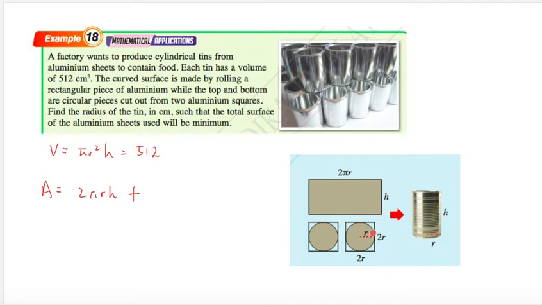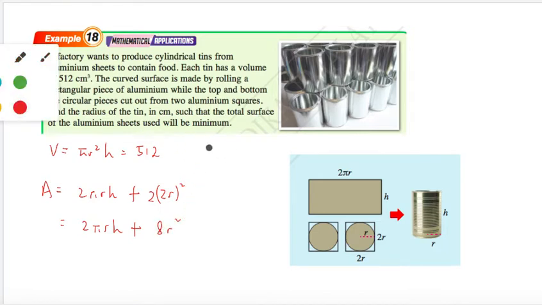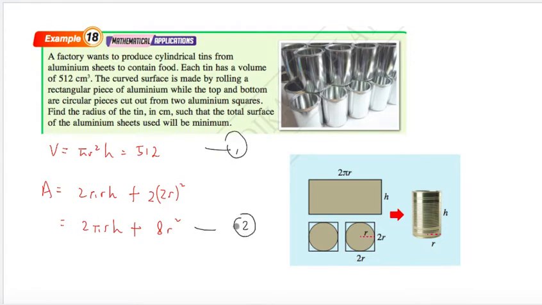You see here, r, and the whole length will be 2r. The area for this card, because it is a square card, is 2r times 2r, so 4r square. And there is 1 and 2, top and bottom, so times 2. Therefore, this is the area formula: 2 pi r h plus 8r square. This is formula number 1, and this is formula number 2. Formula only.